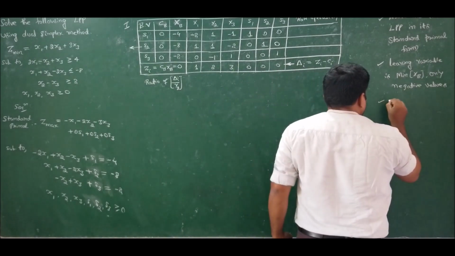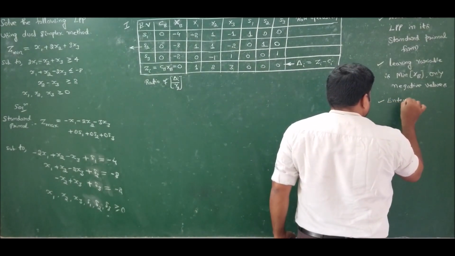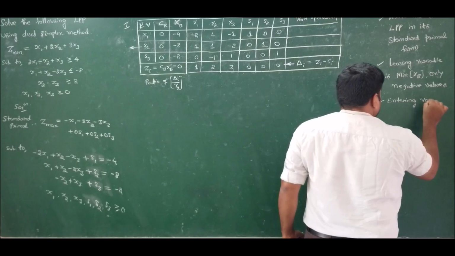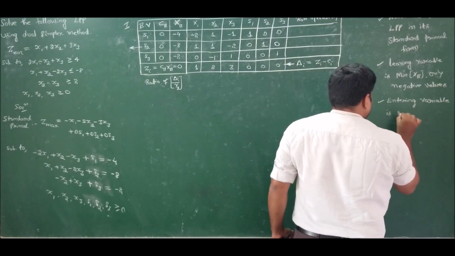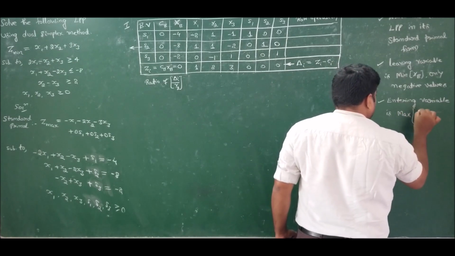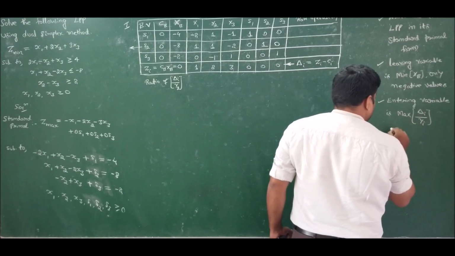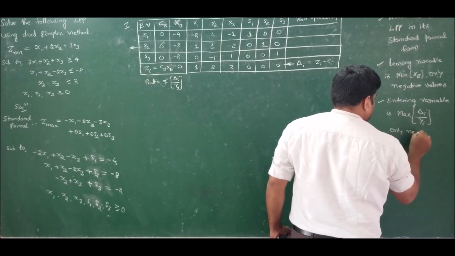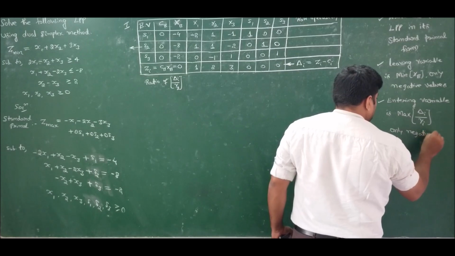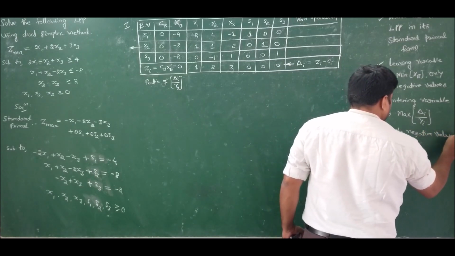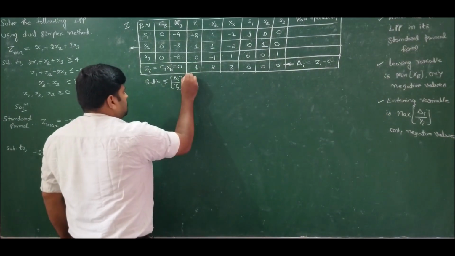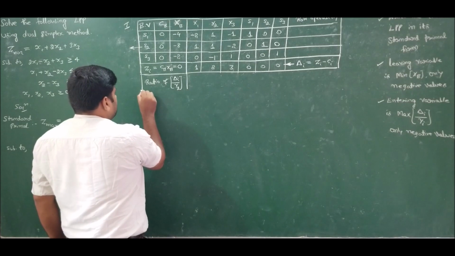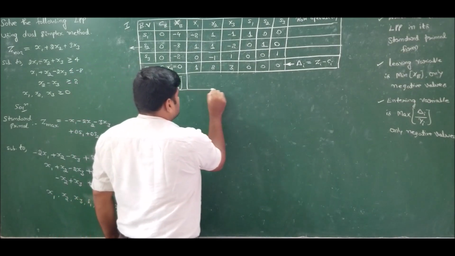So entering variable will be the maximum of the ratio of delta I by yi, only negative values. We should consider only negative values. We should not consider positive values. Now calculate the ratio and find out the maximum value of the negatives.